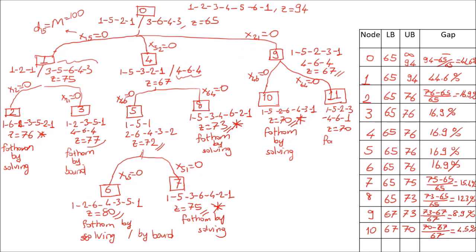So you can say both fathom by solving, or you can also include fathom by bound, because this Z value is identical to our previous incumbent. It just indicates an alternative optima. So these two solutions are alternative optima. So you can select any one of these two solutions, this one or this one.